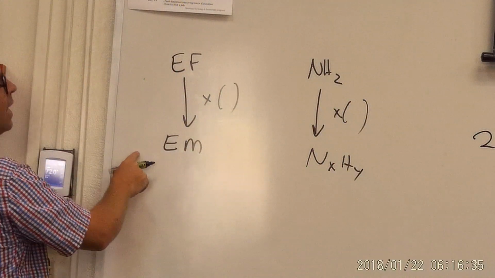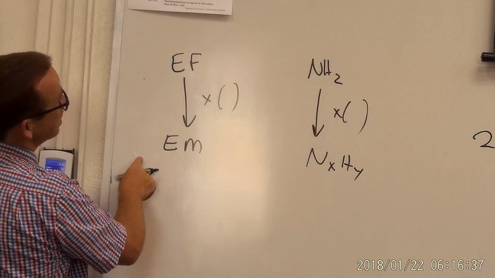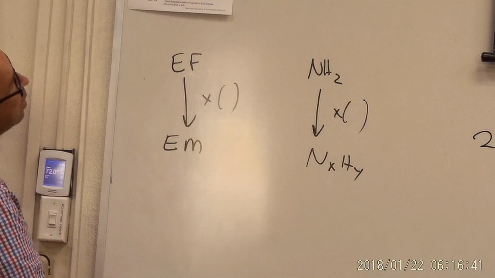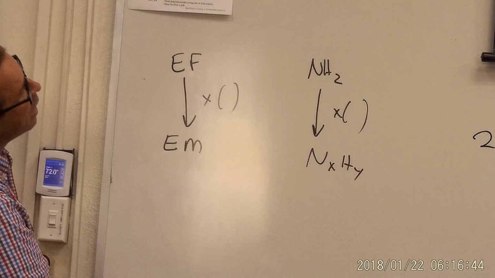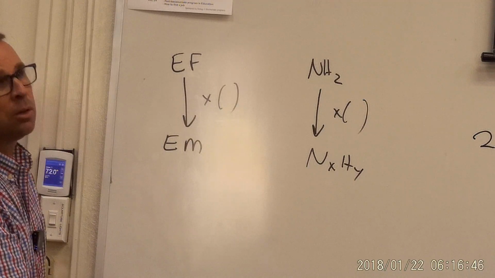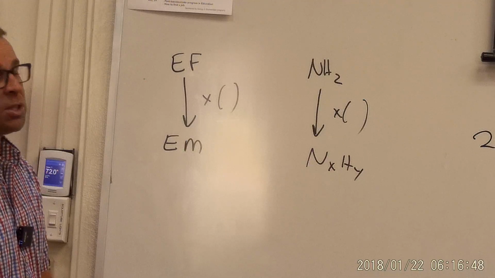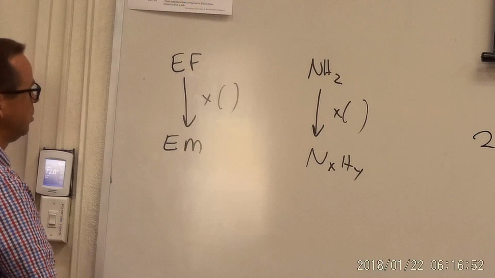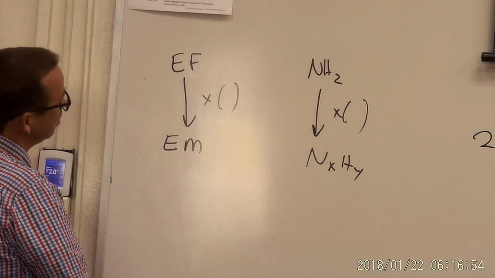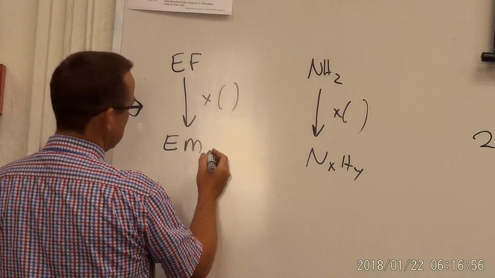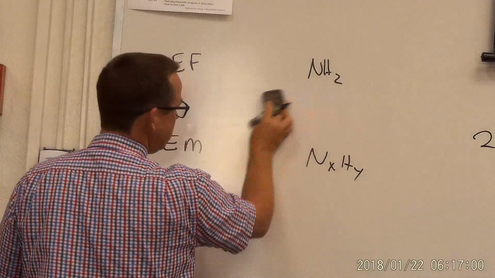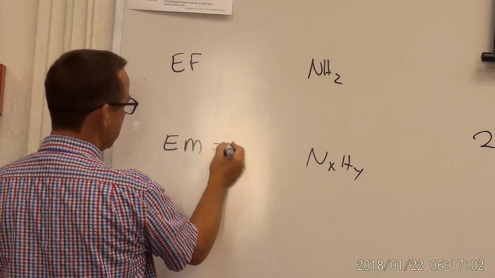What's the empirical mass? 16. 16 is the empirical mass.